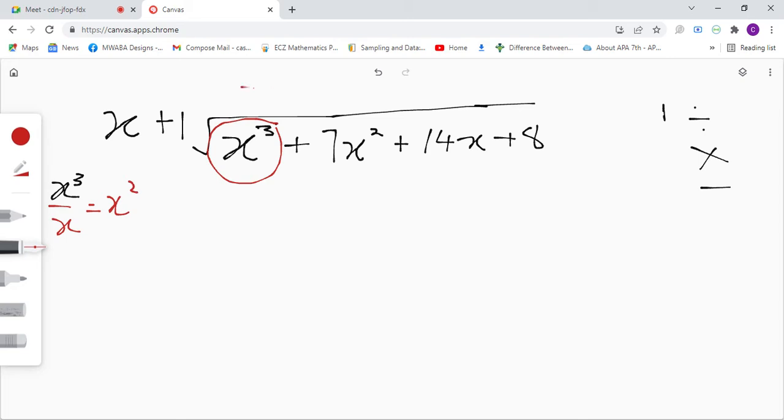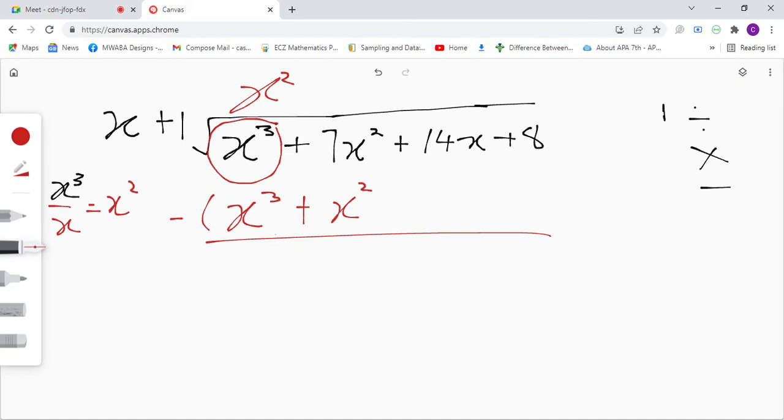We have x squared. X squared times x gives us x cubed. X squared times 1 gives us x squared. We subtract.